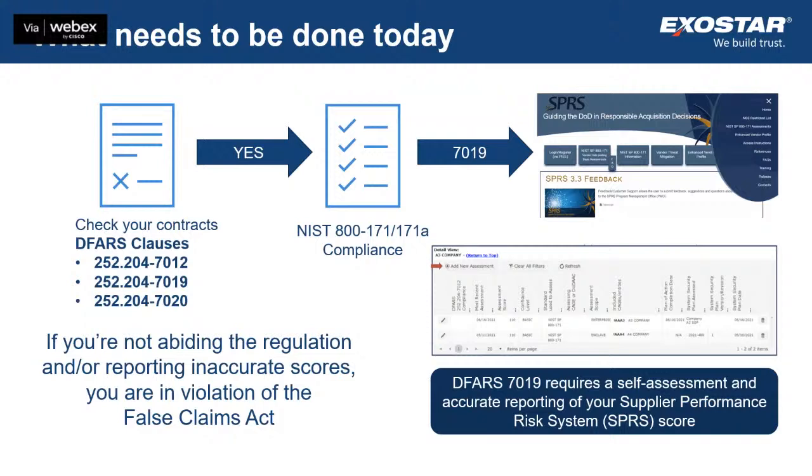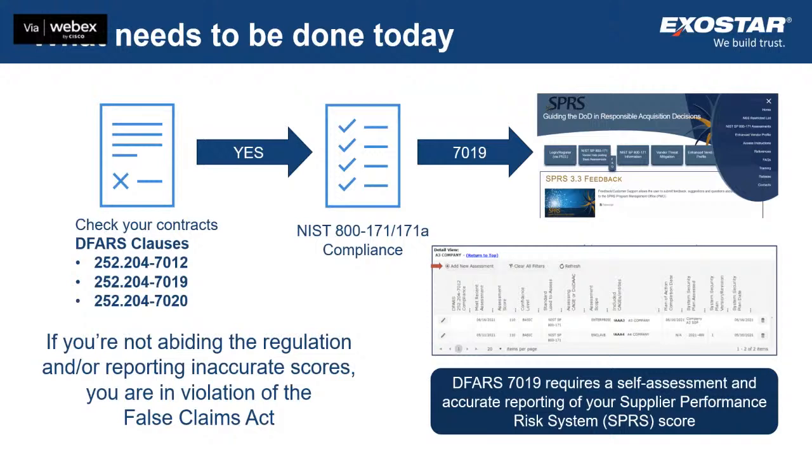The things you want to look for are those DFARS clauses, right? Those are the Defense Federal Acquisition Regulations. And the clauses that either you've signed or have been flowed down to you as part of the requirements that primes have when they sign these contracts. Those clauses particularly to look for are 252.204-7012, 7019, and 7020.